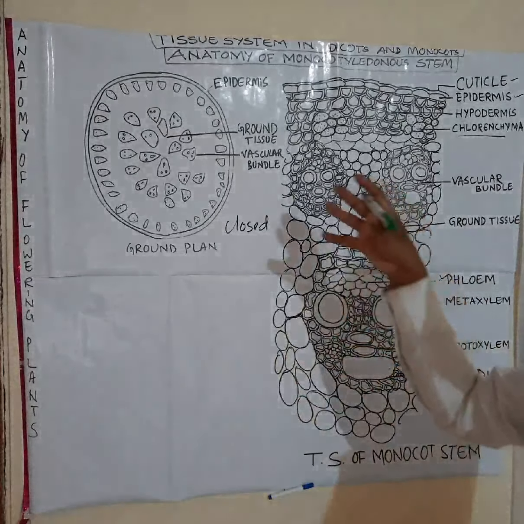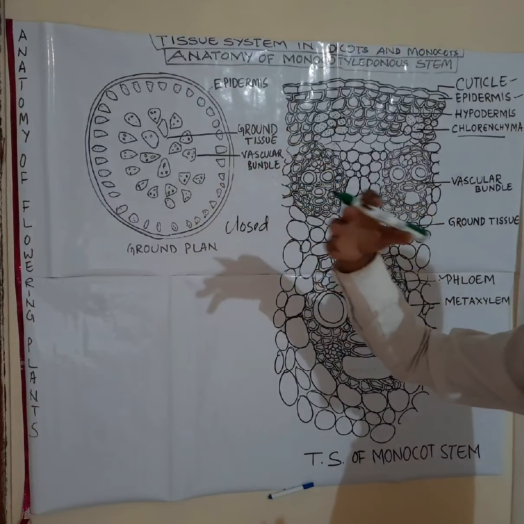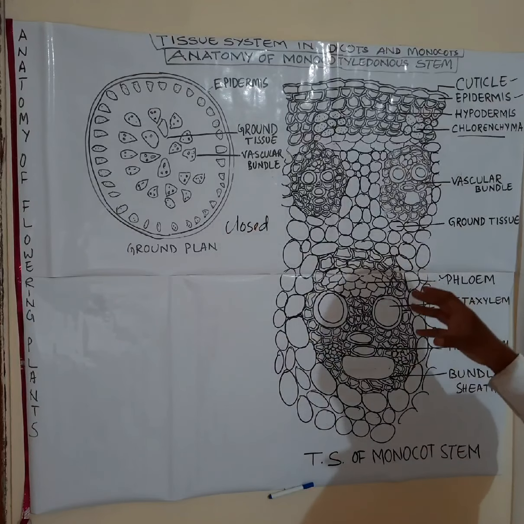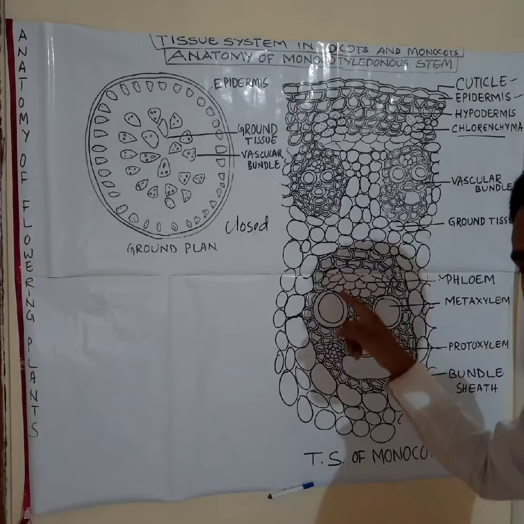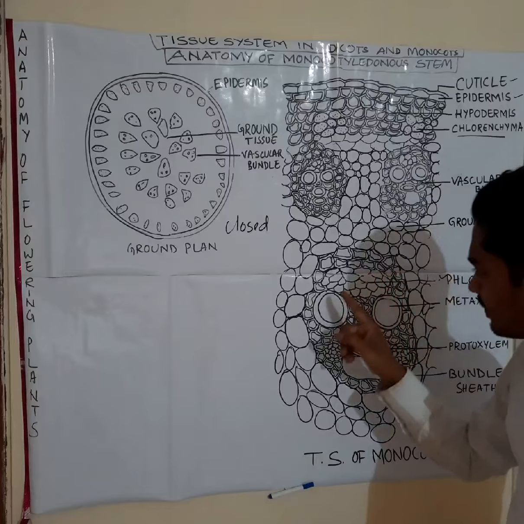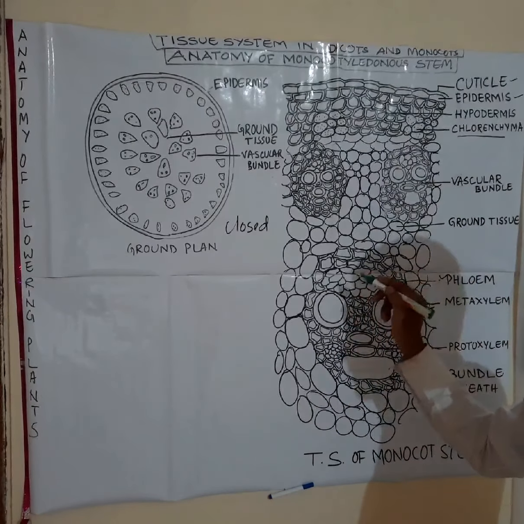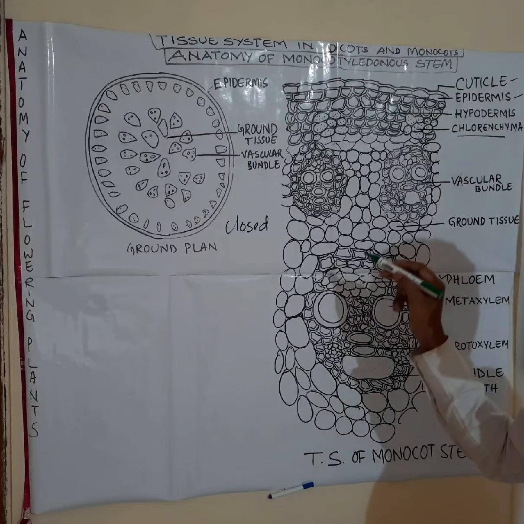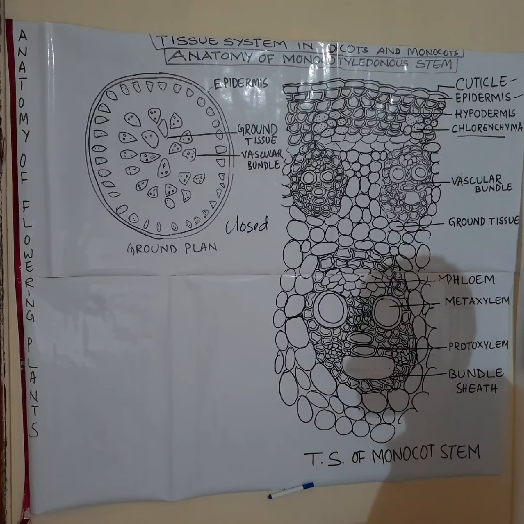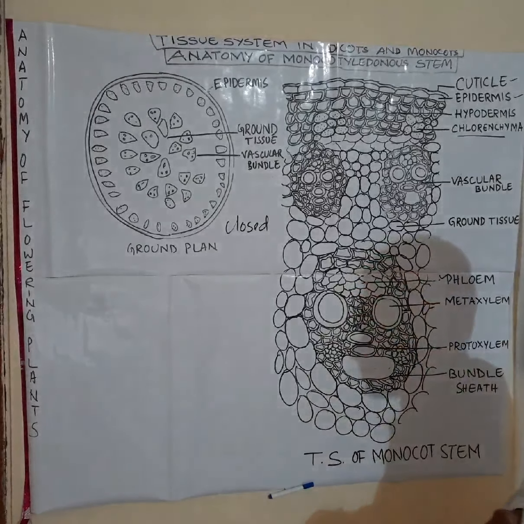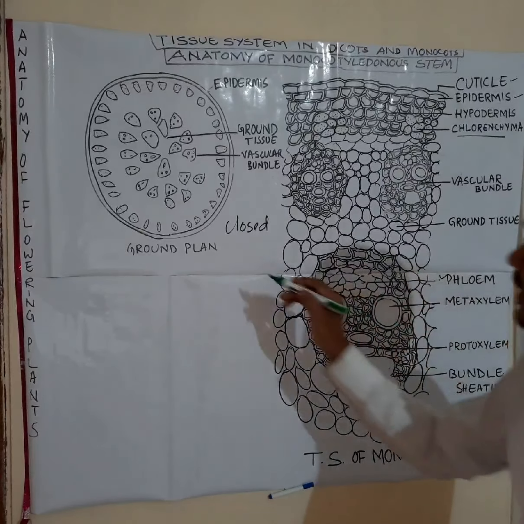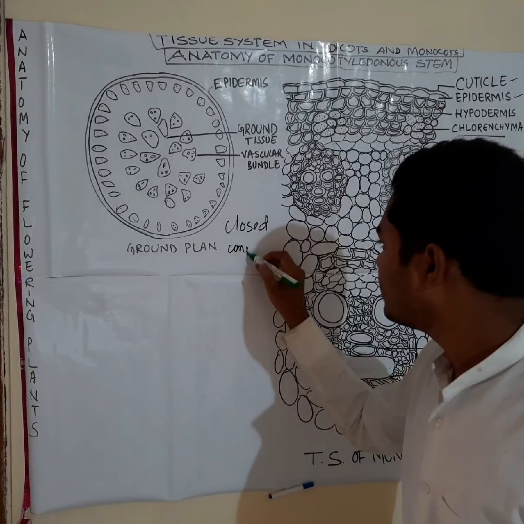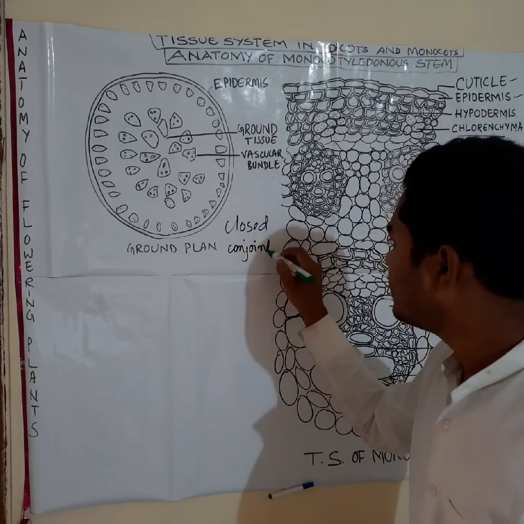Then vascular bundles are not arranged in rings, but they are scattered. Remember, vascular bundles are surrounded by sclerenchymatous bundle sheaths, and towards the outer side they are surrounded by large conspicuous parenchymatous ground tissue. Then vascular bundles are conjoint and closed.